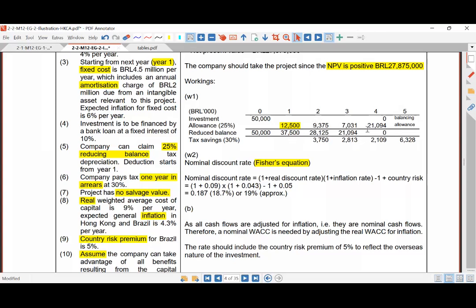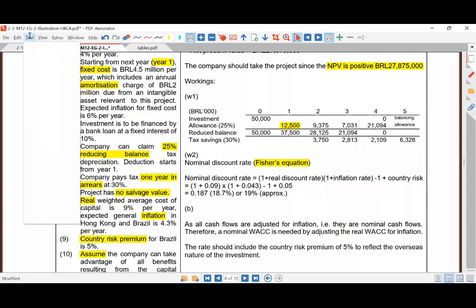Come to year 3, you have claimed the allowance and you are left with this figure here. That will be your balance in year 3, and then in year 4 you'll have 0 scrap value. You claim everything. So you take 21,094 minus 0, you claim this figure here. This figure is called the balancing allowance.